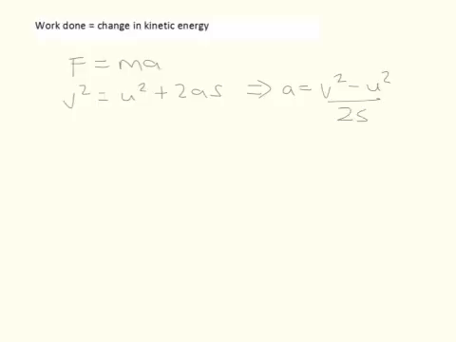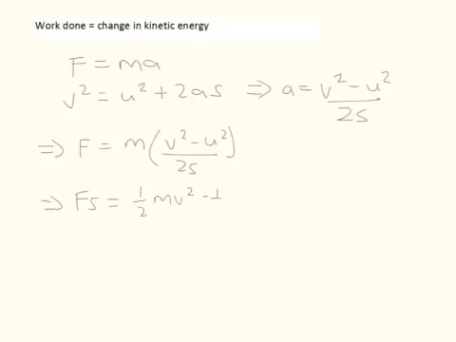So combining those, we now get F equals m times (v squared minus u squared) over 2s. Let's move the s up to the other side, so that's force times distance. We've got a 2 at the bottom, so that's a half, so it's a half mv squared minus a half mu squared. So this explains why the work done, that's force times distance, is the change in the kinetic energy.